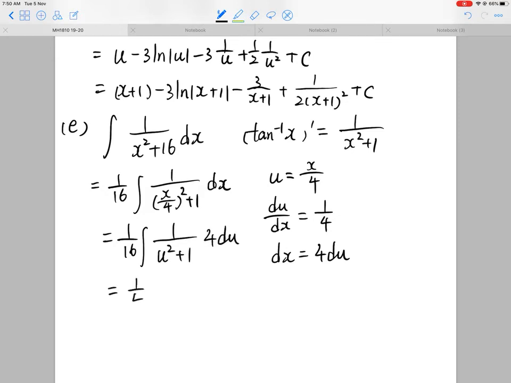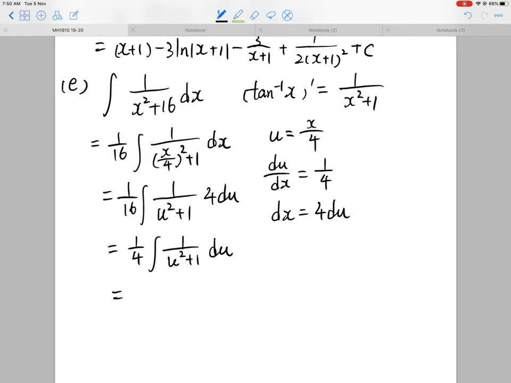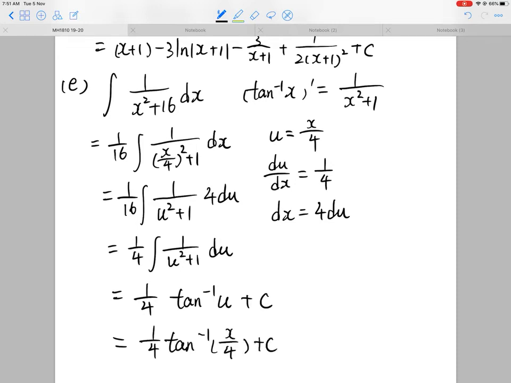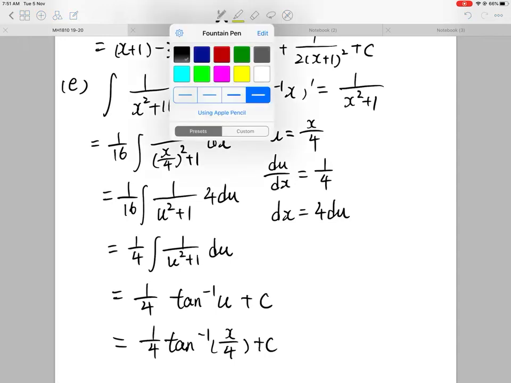So it's just 1 over 4 times the integration of this, which is tangent inverse u, plus c, which is 1 over 4 tangent inverse x over 4 plus c. Or you can use that formula, right?